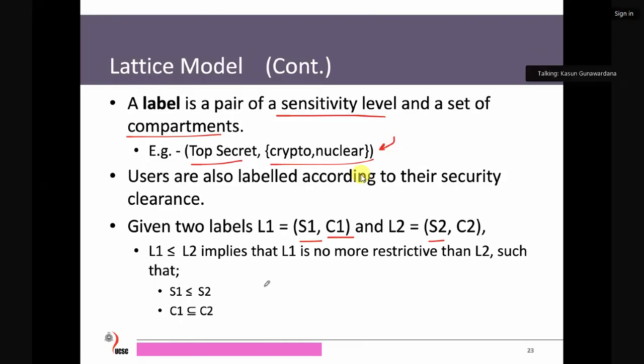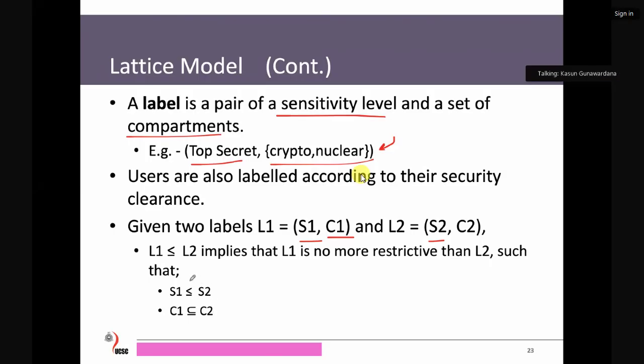S1 is the sensitivity level, if S1 is less sensitive than S2, and C1 is the compartment of the first label, and C1 is a subset of C2.